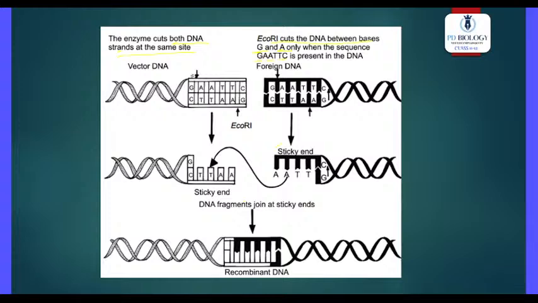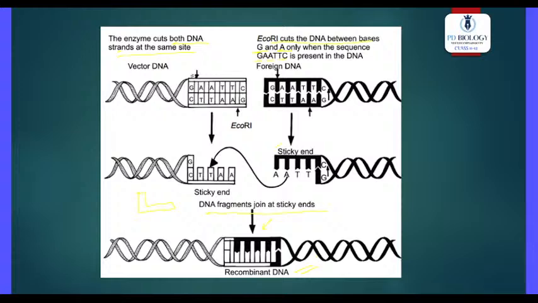So this is the sticky end. And DNA fragments join at the sticky ends. When the foreign DNA attaches to the sticky ends, it is now rDNA, or recombinant DNA.